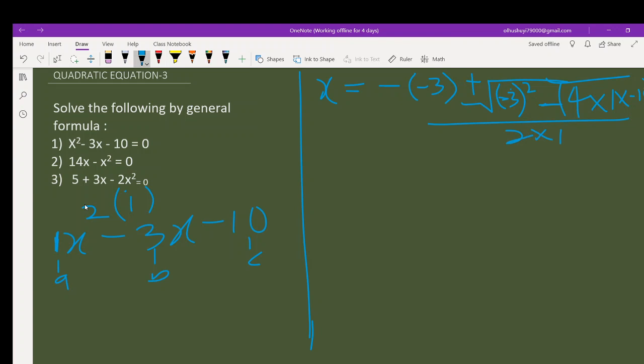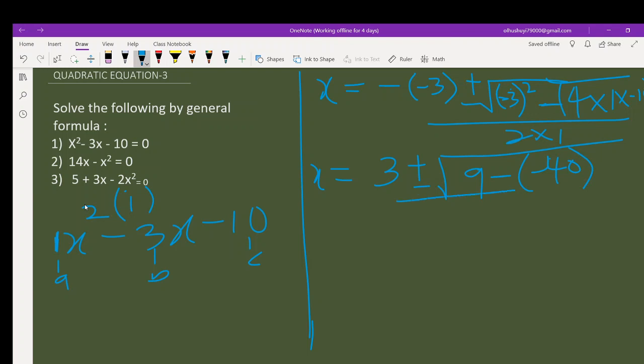Our a is 1. So x is equal to 3 plus or minus the square root of 9 minus 4 times 1 times minus 10, that is minus minus 40.